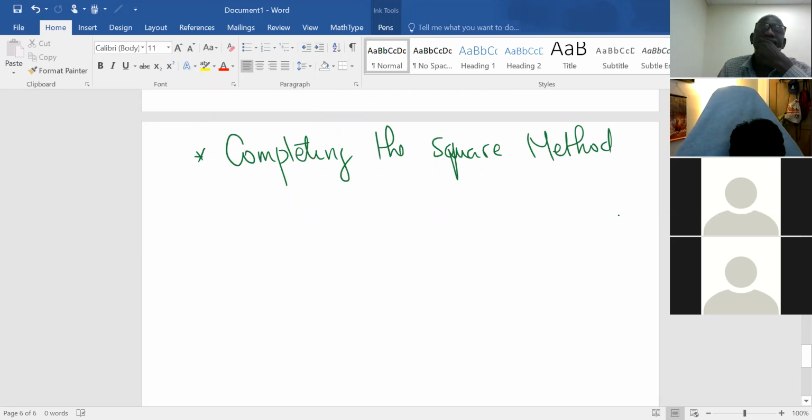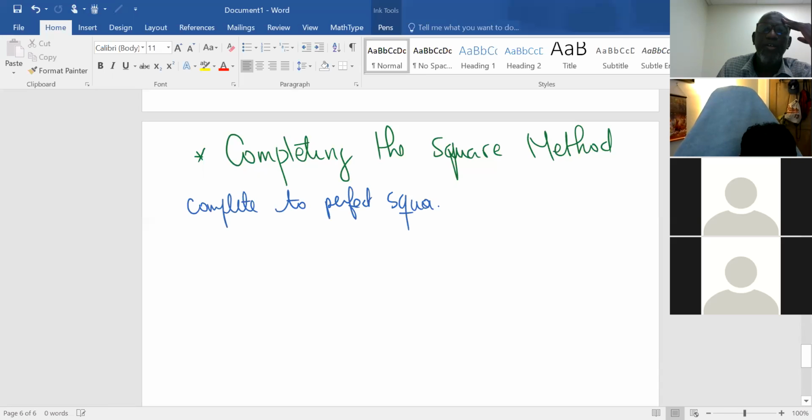Okay, look, if you do remember, complete to perfect square, again, this is just a review. If you have x squared plus 16x, what number is missing here to make it a perfect square?